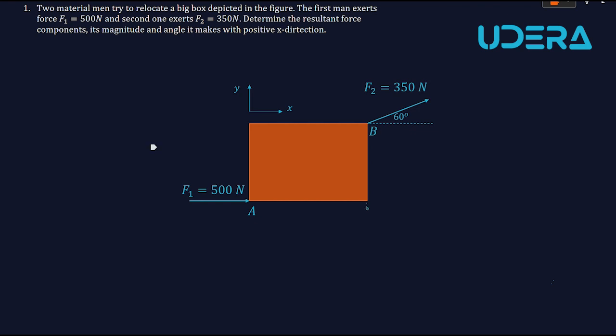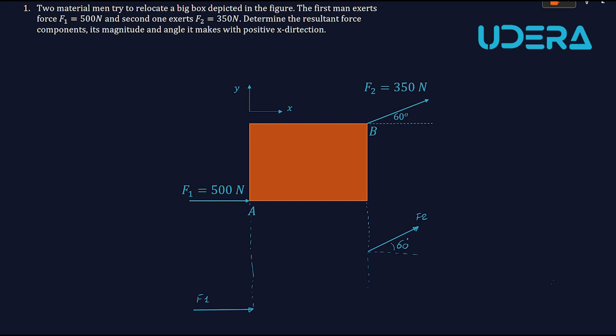So I'm going to do that. So this is force F2. That creates the angle of 60 degrees with respect to horizontal direction. And this is force F1.